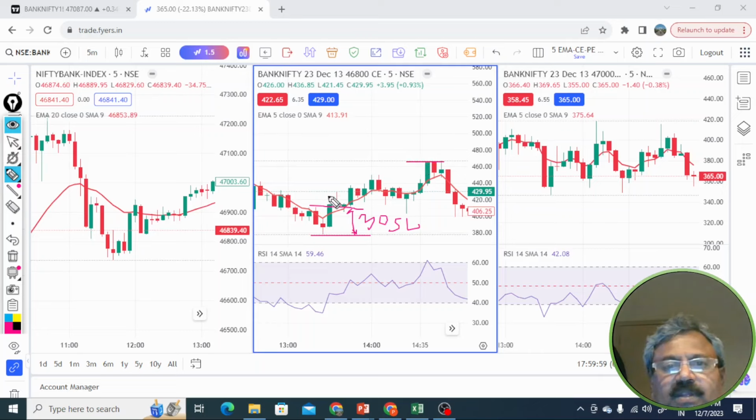Almost our target is achieved here. It has not even hit the stop loss, even though there is up and down, up and down. The target was achieved here.